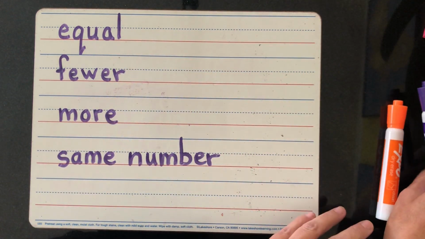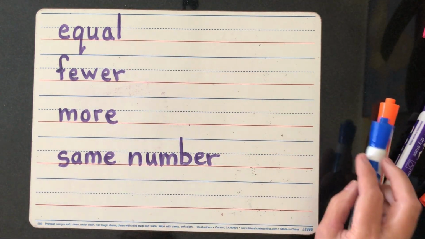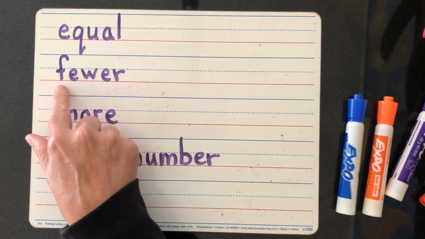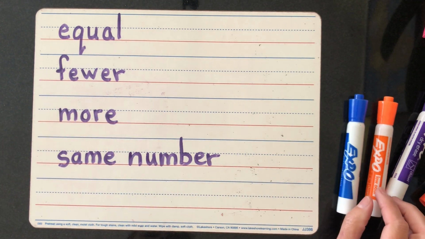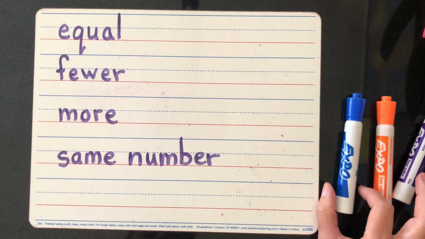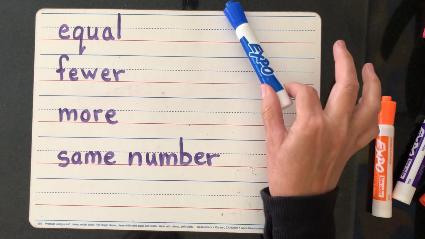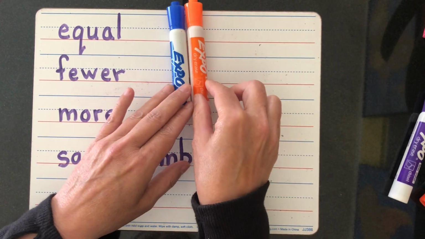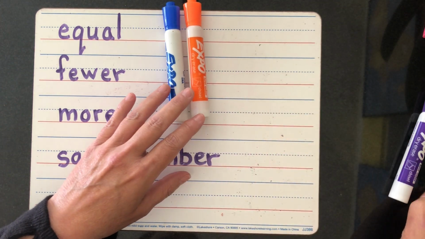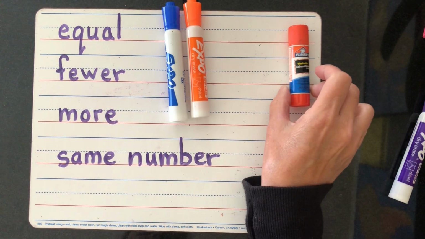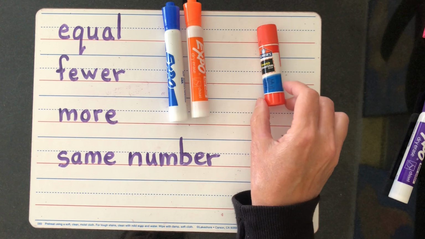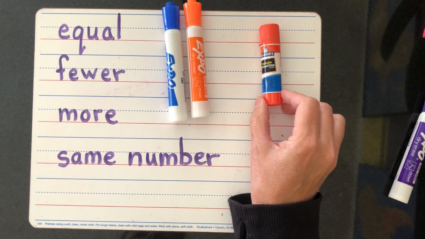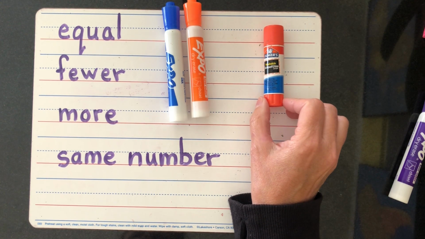So another word in our list that we would like to know is fewer. Fewer is a smaller amount. So if I'm going to compare, I have 2 Expo pens, 1, 2, and I have 1 glue stick. Are they the same?